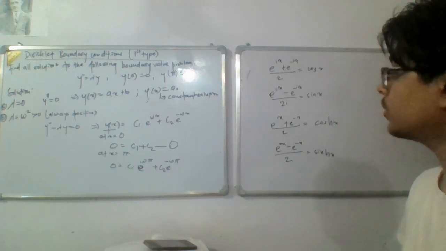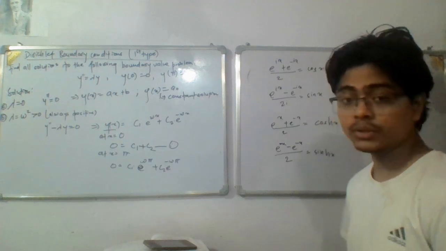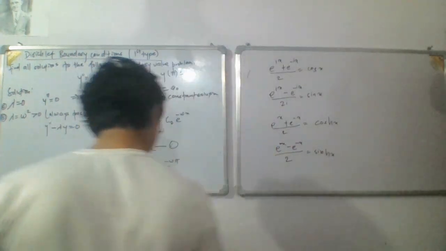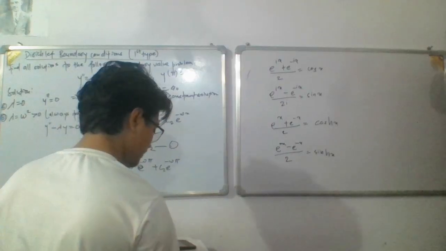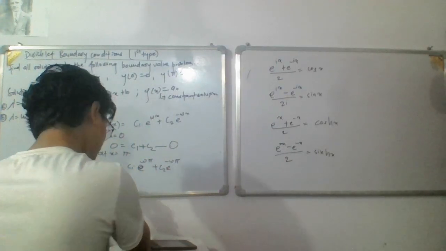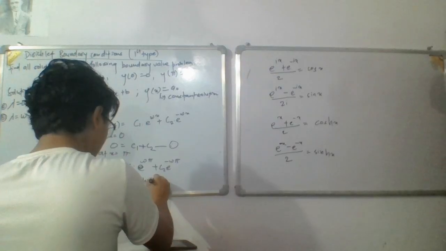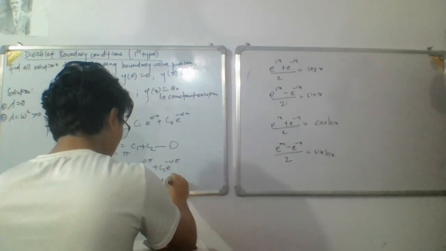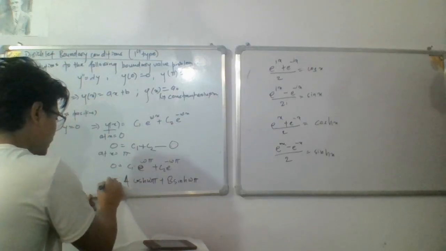Okay, so we can replace those exponentials with these values, and as a result we get a cosh(omega pi) plus b sinh(omega pi) equals 0.